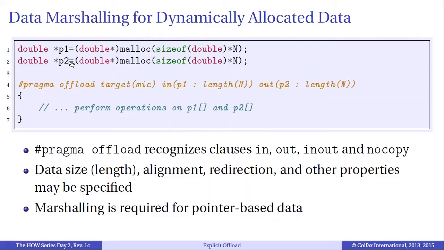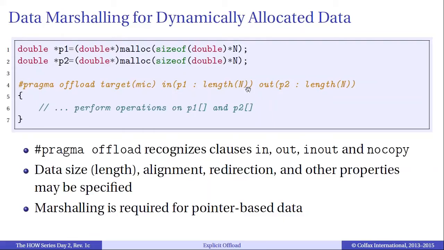To make the application run correctly, I have to do what's called data marshalling. And data marshalling can be done with these clauses: in, out, and nocopy. I add them in the pragma, and this is what it means.